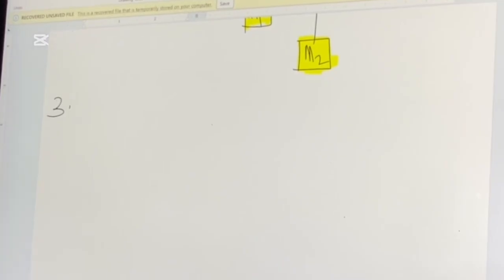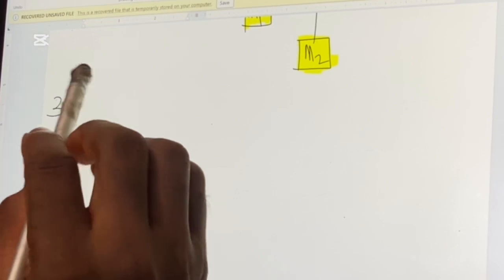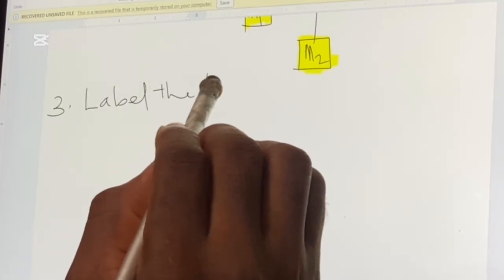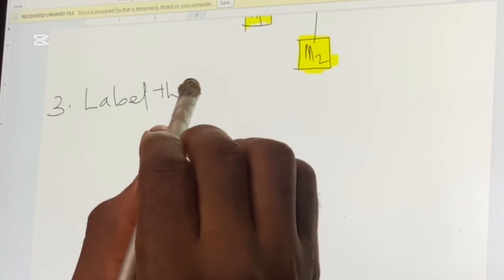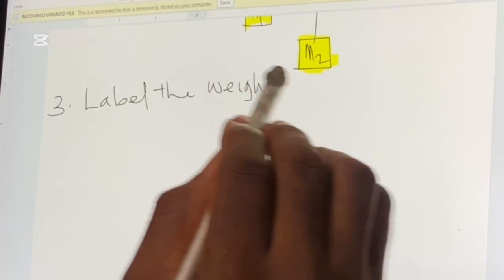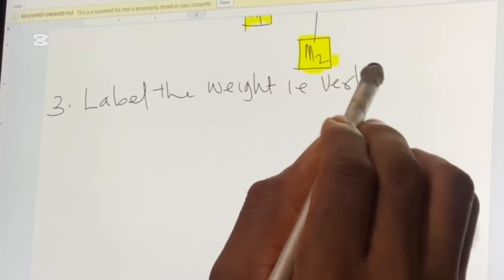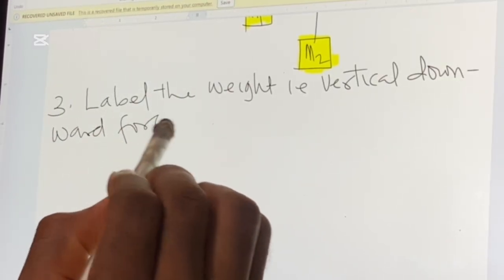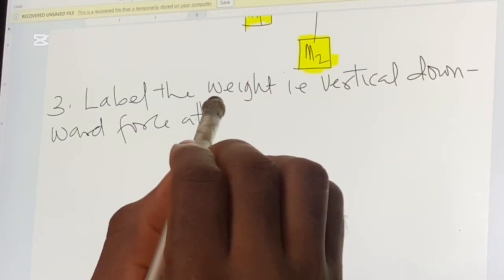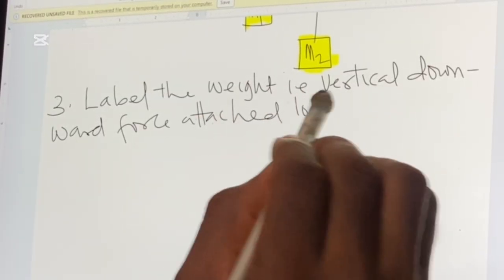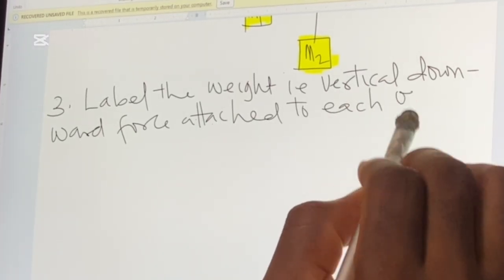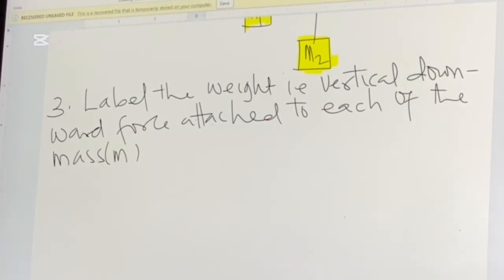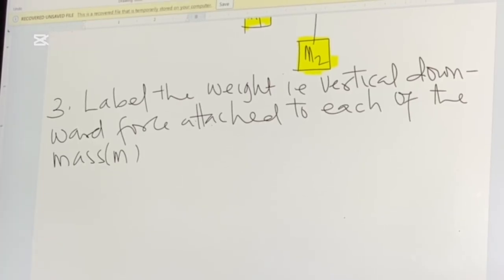The vertical downward force of that mass is called weight. Please take note.